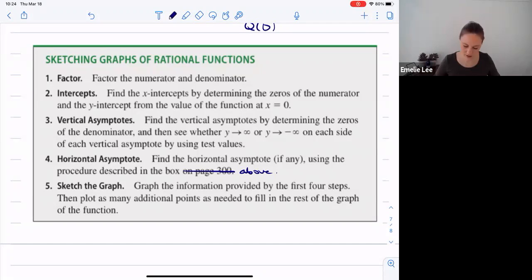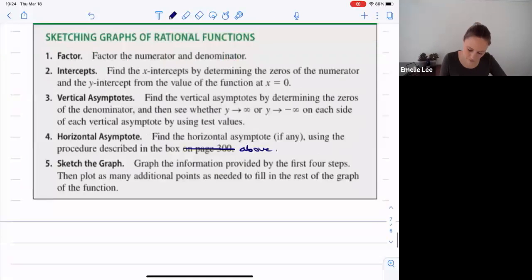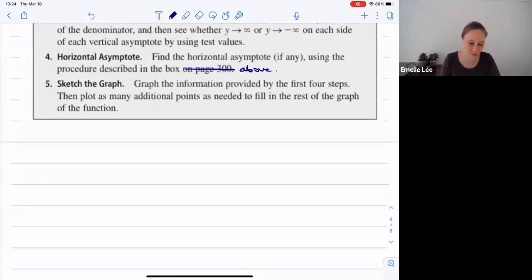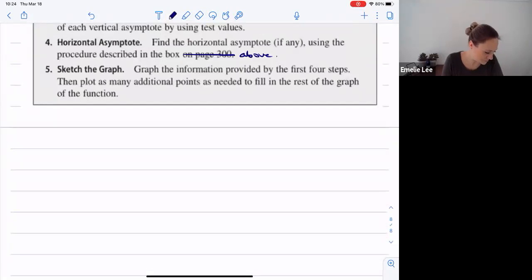So I want to do a problem, not from the notes because I want you to have those, but it's actually from the textbook. That's okay. It means you don't have to read this part of the textbook. So let us do an example.